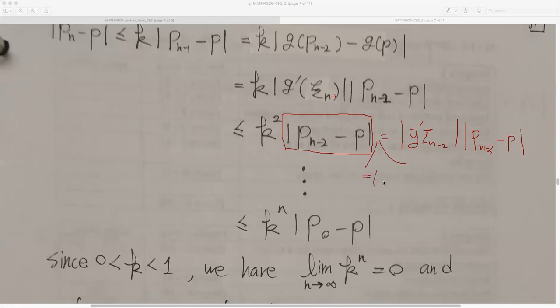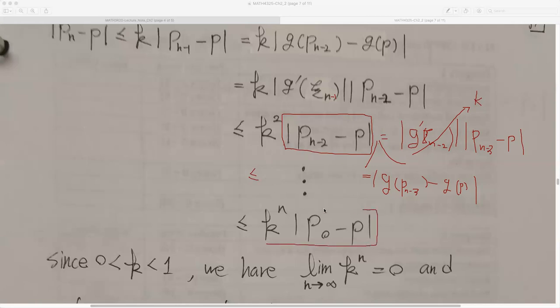That is equal to the absolute value of g of P_{n-3} minus P, which is g of P. Okay, so that is equal to this, and since the absolute value of the derivative of g is bounded by k, that one can be replaced by k, and we get this inequality. And then we get k cubed. Repeating this, we get this.